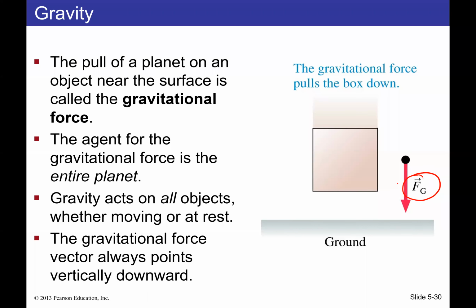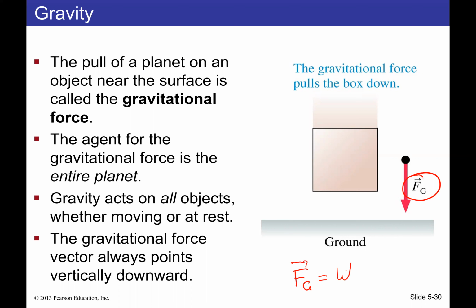Sometimes you might see that instead of F of G, I might put W, because gravitational force is also equivalent to the weight. That's what we call the weight of the object.